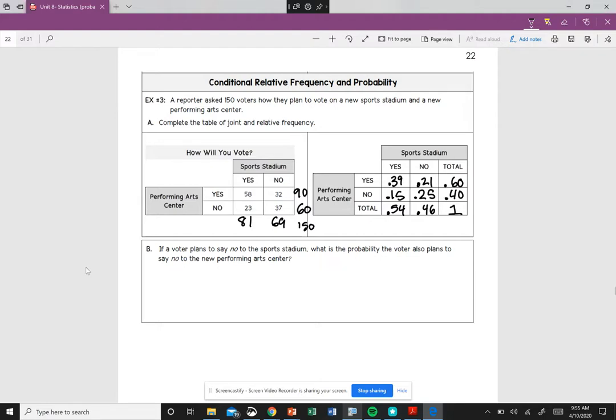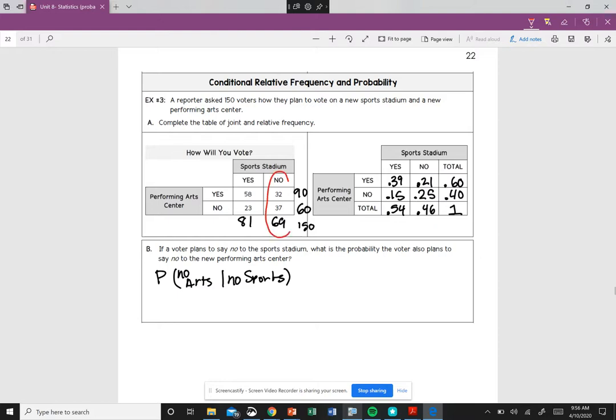So if a voter says no to voting for the sports stadium, what is the probability the voter also plans to vote no for the new Performing Arts Center? So no arts, given no sports.